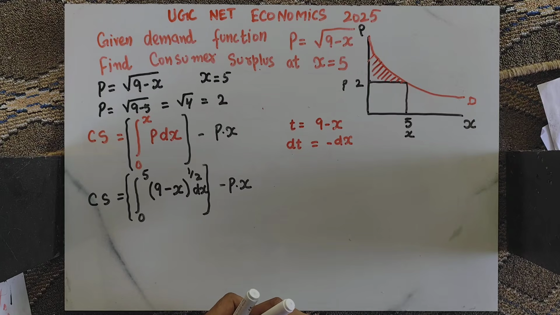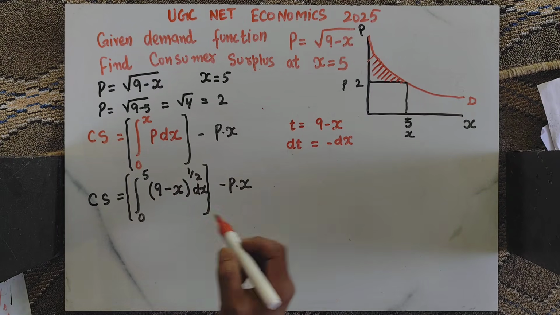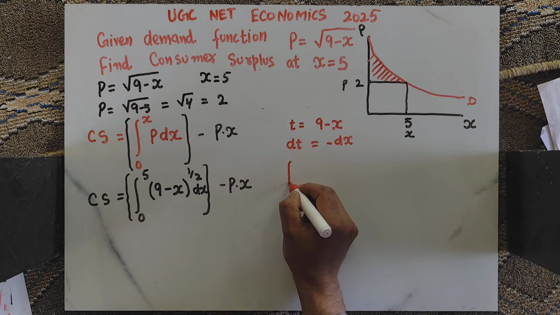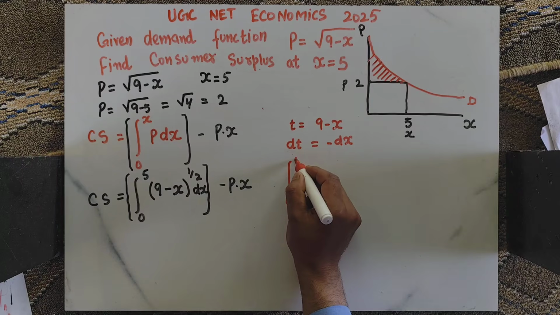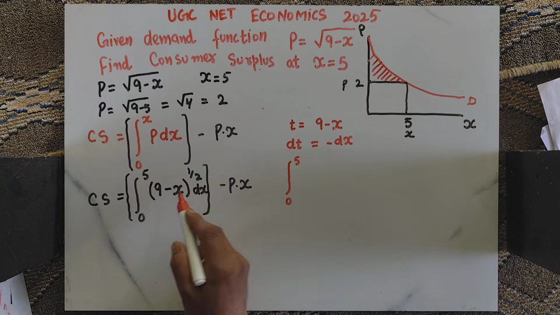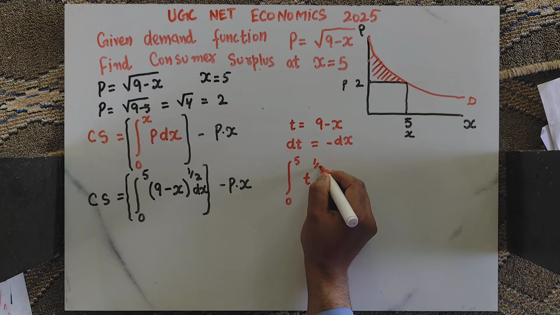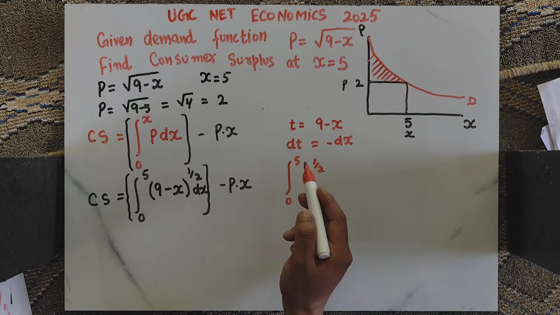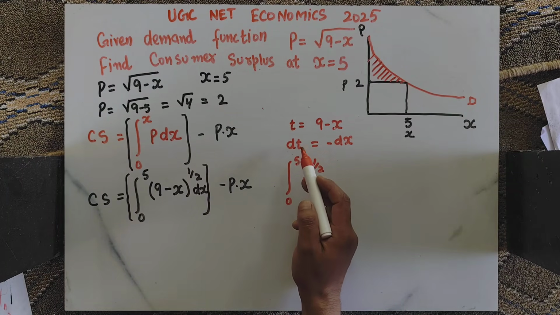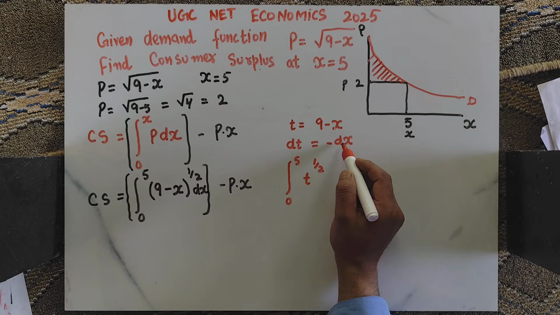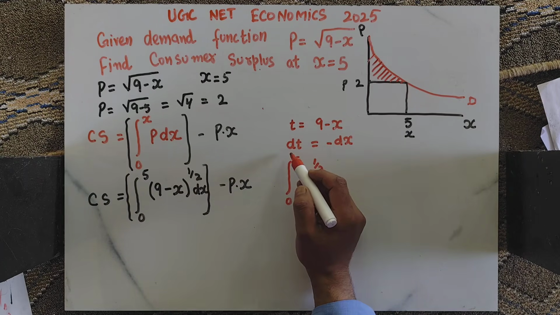Now what will we do here? In place of 9 minus x, let me rewrite it here. We have the definite integral from 0 to 5. In place of 9 minus x, it is equal to t raised to the power 1 upon 2, and in place of dx, since dt is equal to minus dx, that means dx will be equal to minus dt if I multiply both sides by minus 1.